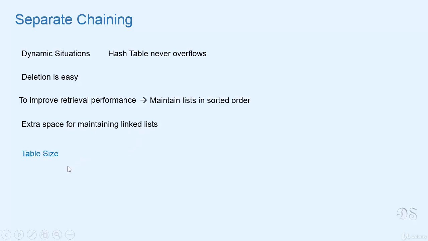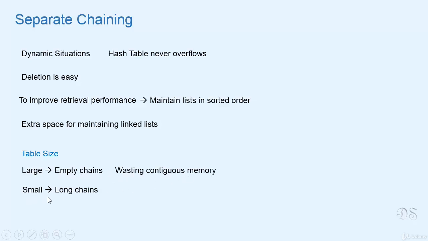Now let's see how to choose the table size in separate chaining. This method is generally used in cases when the number of records is not known in advance. So the choice of table size depends on the memory available. If table size is too large, then there will be many empty chains, thus wasting a large area of memory.